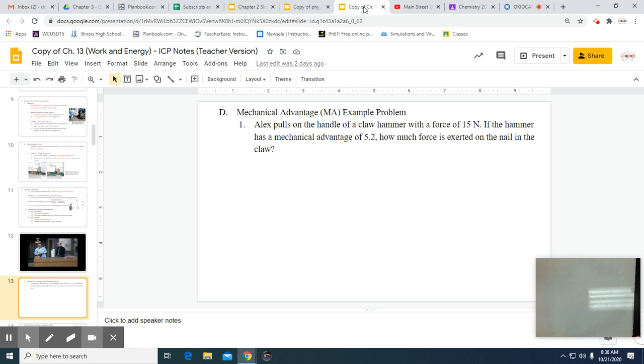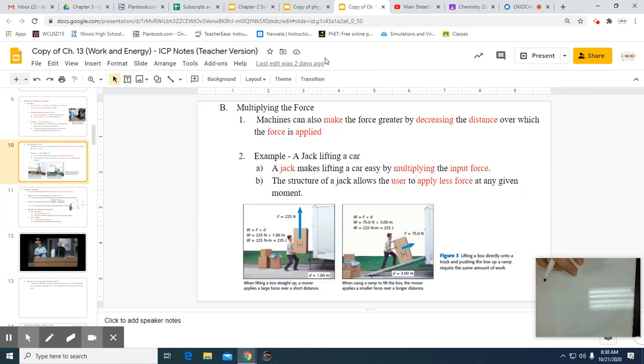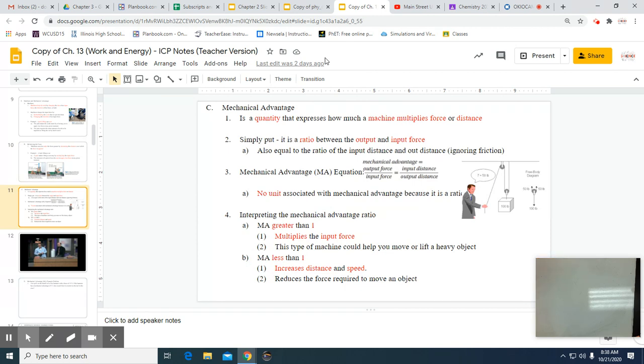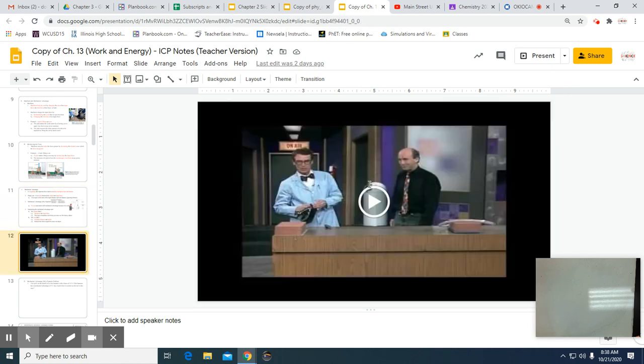So we are dealing with a situation that is involving forces, not distances. So that's going to determine which formula we're going to use. Since we're dealing with forces, we're going to be using the formula of mechanical advantage is equal to output force divided by input force.